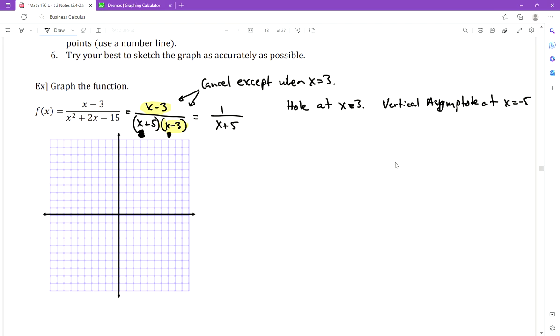Okay, so these both come from the restrictions in the denominator. The hole comes from when the denominator is 0 but has a common factor in the numerator.